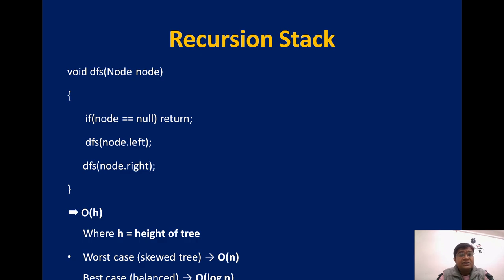For such a recursion stack the space complexity is O of h, where h is the height of the tree. The worst case is O of n, and the best case is a balanced tree, which is O of log n.